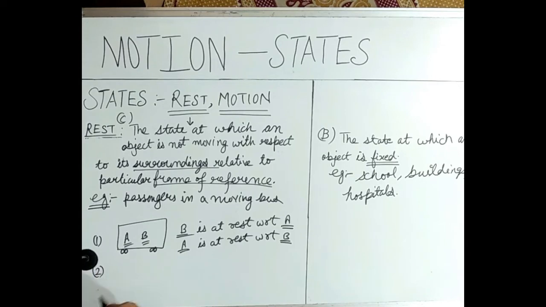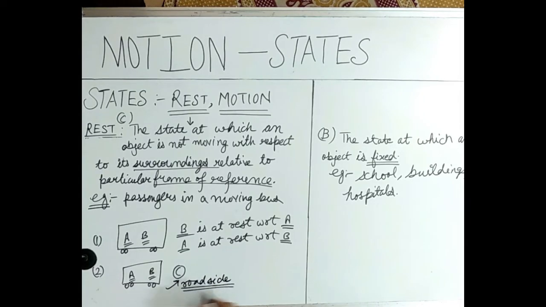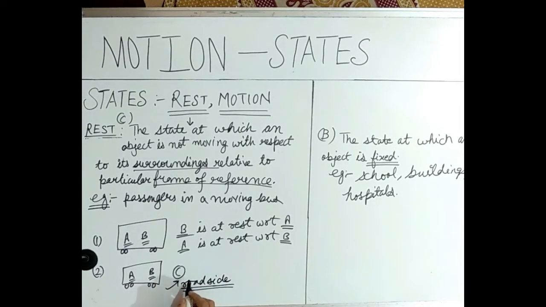And the second condition is A and B are two passengers sitting in a bus, the bus is moving, and there is a person C standing outside the bus along the roadside. What he observes? He observes that A and B both are moving along with the bus.